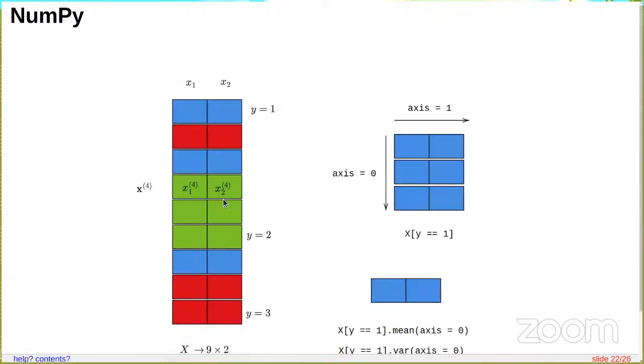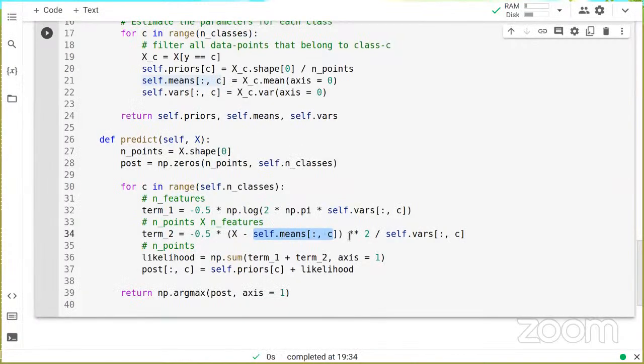NumPy takes care of that. So we are subtracting that vector from each row of x, and we are squaring it. So (x minus mu) whole square, divided by the variance. Here again broadcasting works, so two levels of broadcasting are happening.